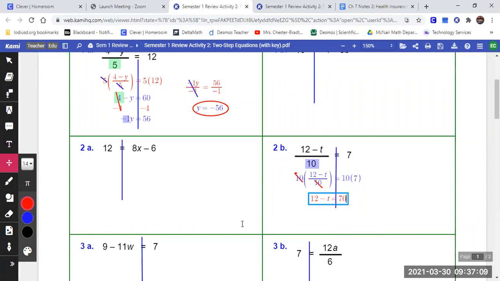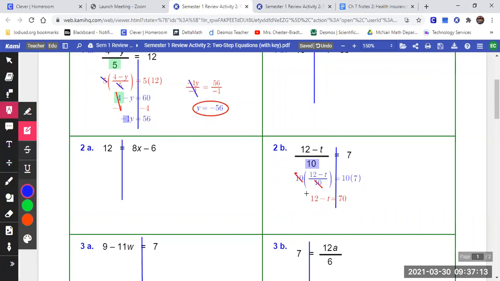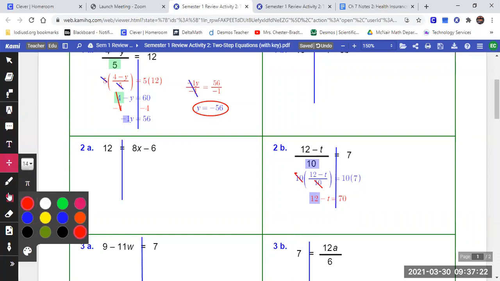All right, we now have something basic. We need to big 1 this 12 out of there. How are we going to, no, big 0, because it's adding and subtracting. Big 0 that 12 out of there. So what are we going to do?